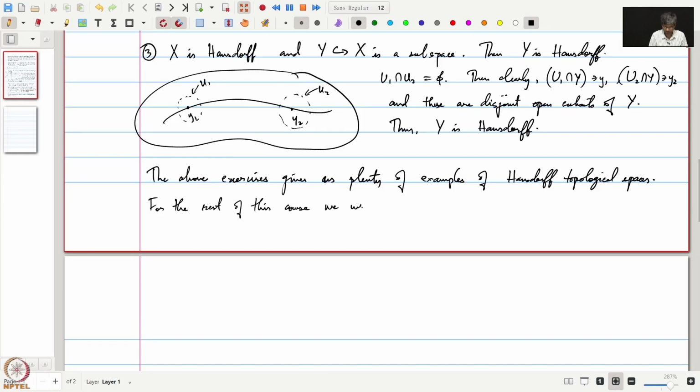So if nothing is mentioned, then it's safe to assume that the topological space we are working with is Hausdorff.